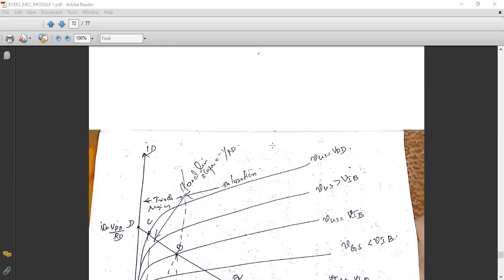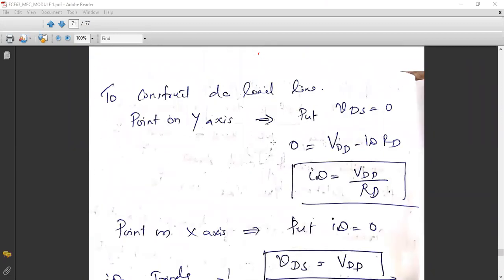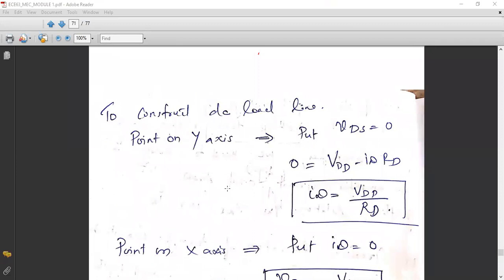Before drawing the graph, let me fix the x-axis coordinate and y-axis coordinate. Because you know that for drawing the DC load line, I should know the x-axis intercept, the point which is lying on the x-axis, and the other point of the DC load line which will meet the y-axis. So first we will try to fix the point on the y-axis. If a point lies on the y-axis, what will be the corresponding x-axis coordinate?